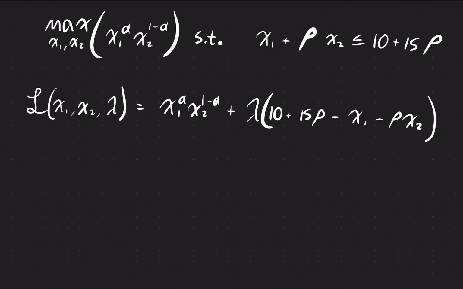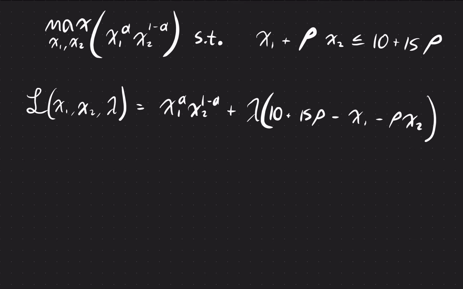So this is our Lagrangian. We're going to use the Kuhn-Tucker first order conditions as we taught before, and that'll turn out to be the partial of L with respect to x1 equal to 0, the partial with respect to x2 equal to 0. We'll write those first.